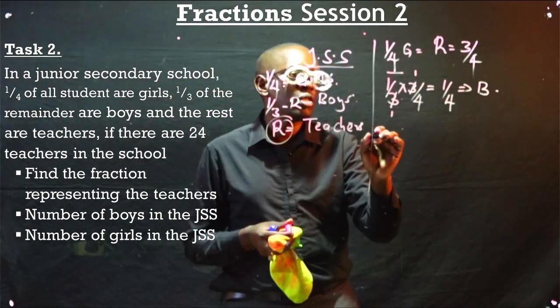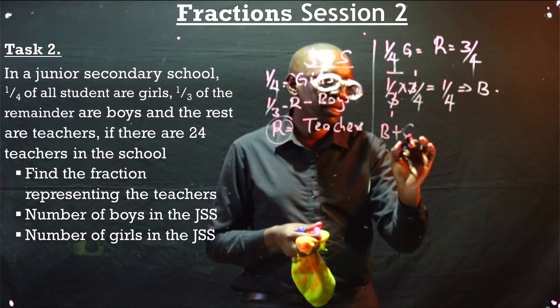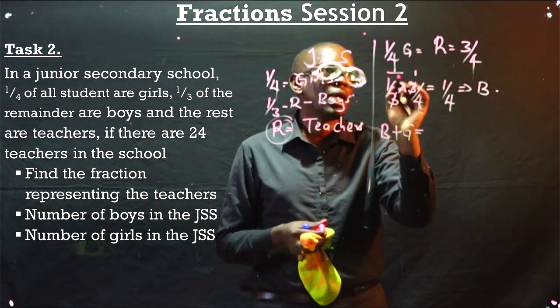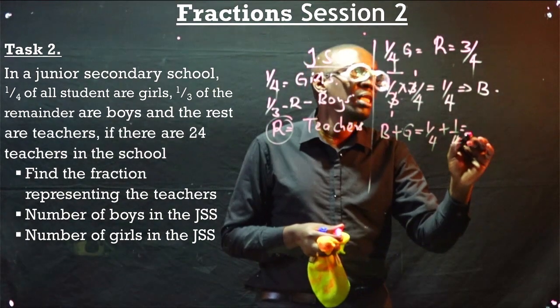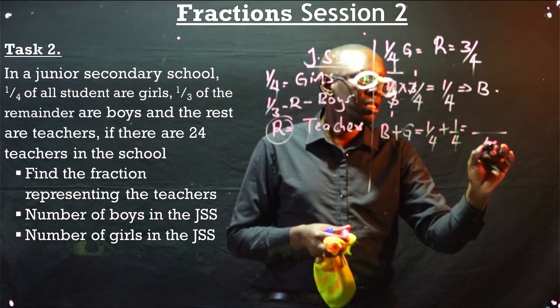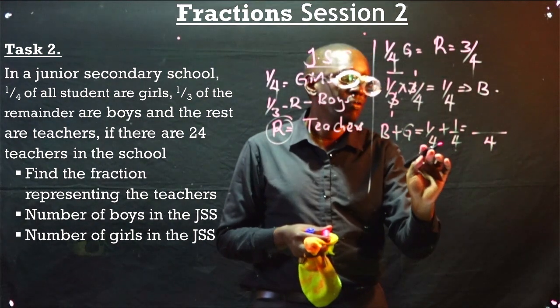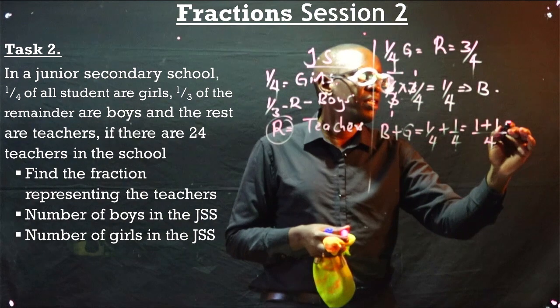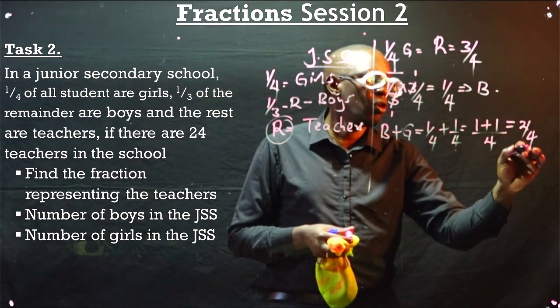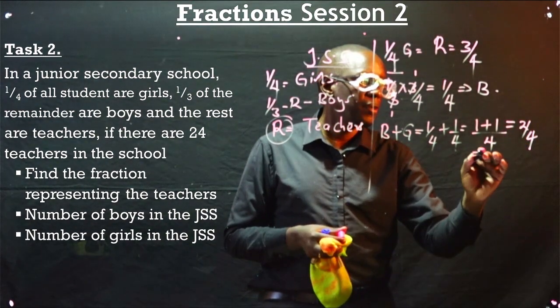So if you put the boys together with the girls, we have girls are 1/4 and boys are 1/4, meaning if you do the sum, LCM is 4, 4 divided by 4, 1 times 1, 1 plus 1. So we have 2/4, which is a half.